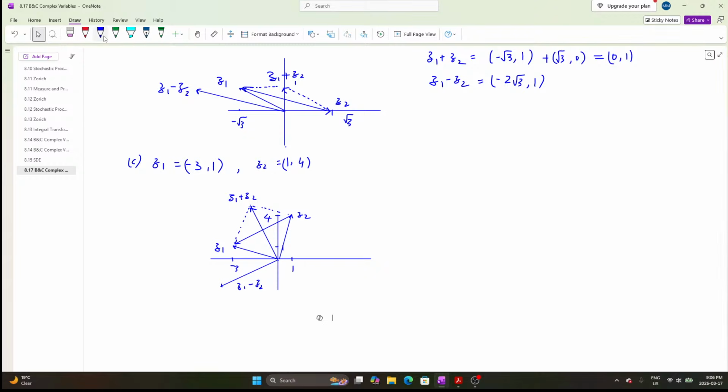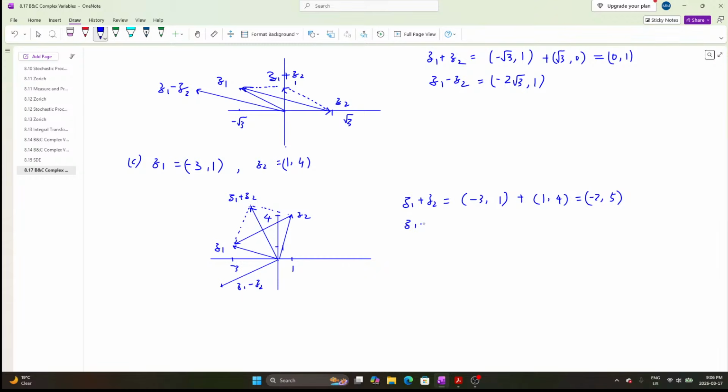Okay, let's calculate the actual numbers. Z1 plus Z2 is (-3, 1) plus (1, 4), and that's (-2, 5). Okay, great.